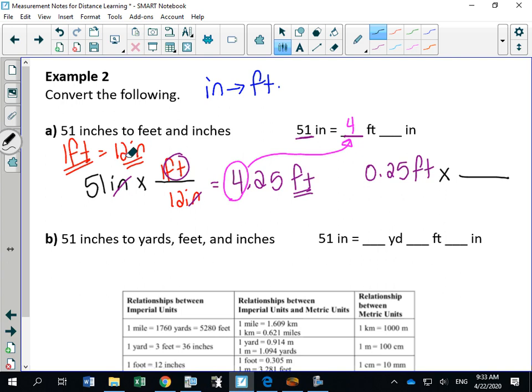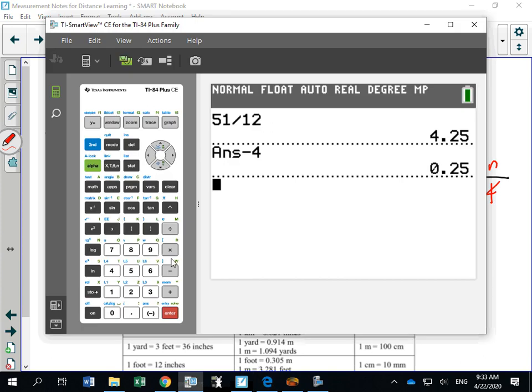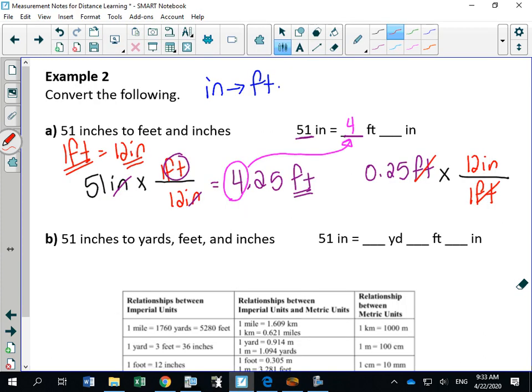So 12 inches goes on top, and 1 foot goes on the bottom. And a foot will cancel. I take that decimal and multiply it by 12, and I get 3. That goes up here. 51 inches is equal to 4 feet, 3 inches.